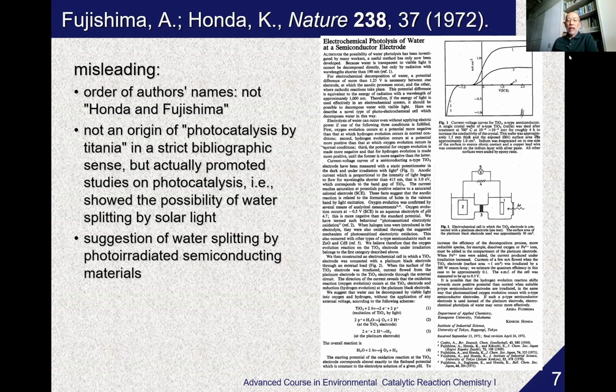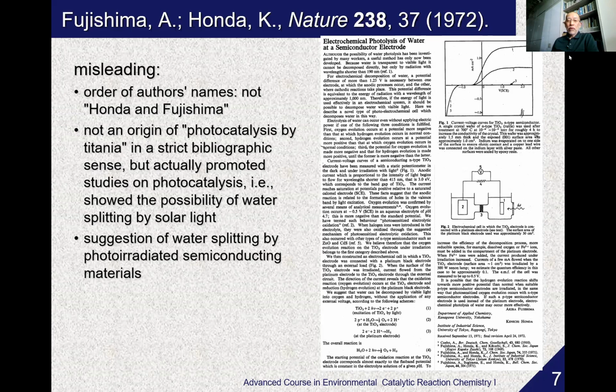That is, because this shows the possibility of water splitting by solar light. That means by using a photoirradiation or photoreaction system, the positive delta G reaction, that is an energy storing reaction, can be available.